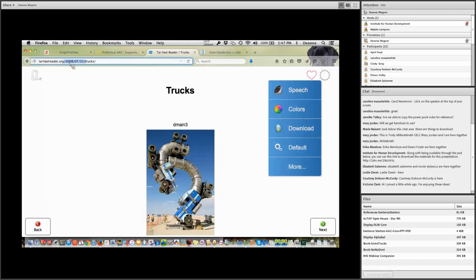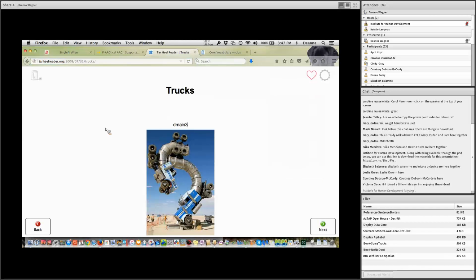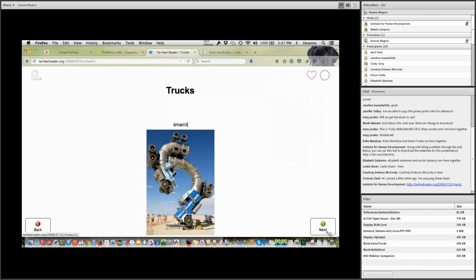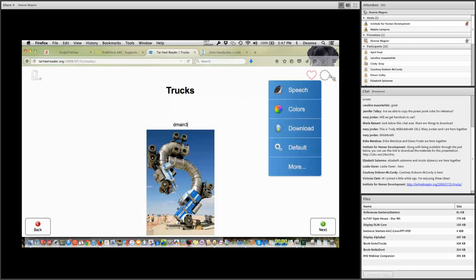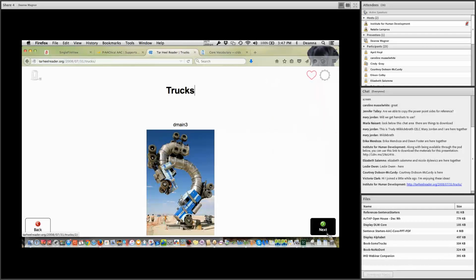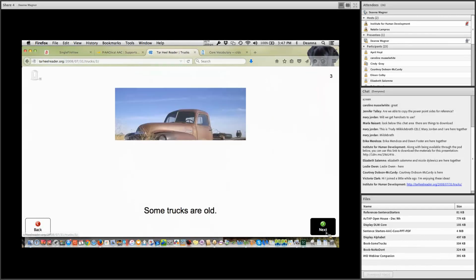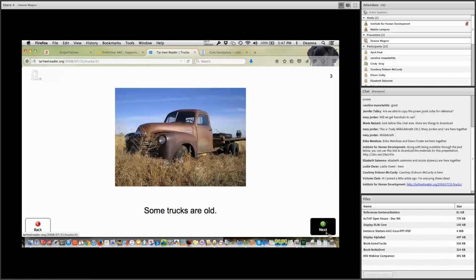You'll notice across the top we have a URL that specifically labels this book, which is a predictable chart book. And we can turn speech on or off when we're at the point of reading this book. And we notice this truck has a frame: some trucks are old.